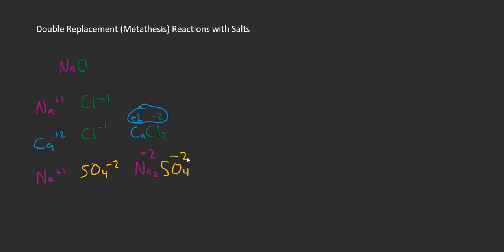So the +2 and the -2 cancel each other out. And this is how you can predict what your salts will look like based on charge.